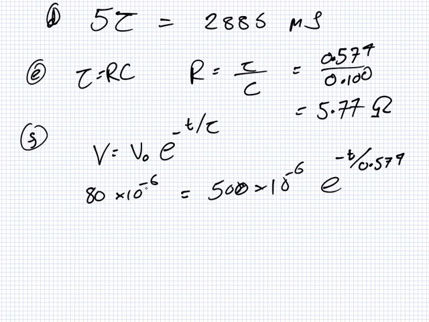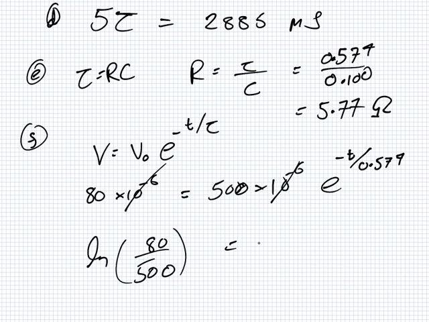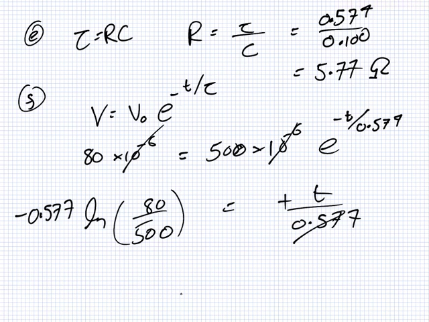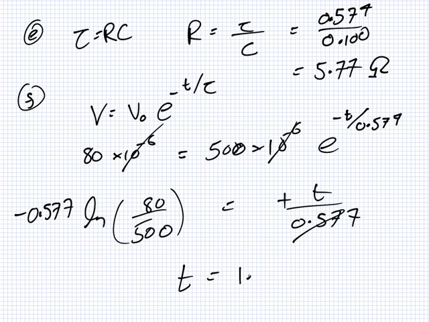Cancelling, 80 over 500, take the log, and that gives minus t over 0.577. So t equals minus 0.577 times log of 80 over 500, which is 1060 milliseconds, roughly.